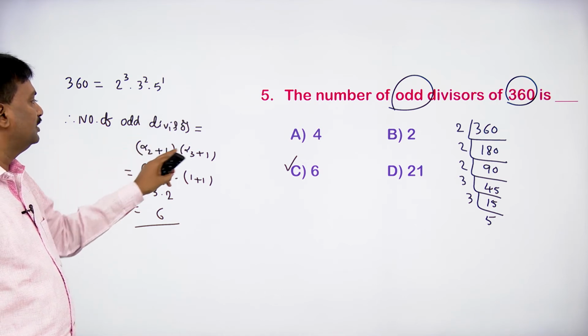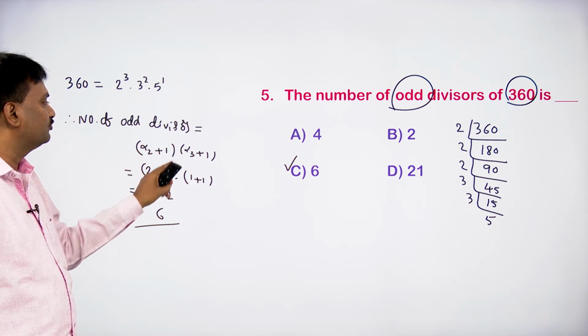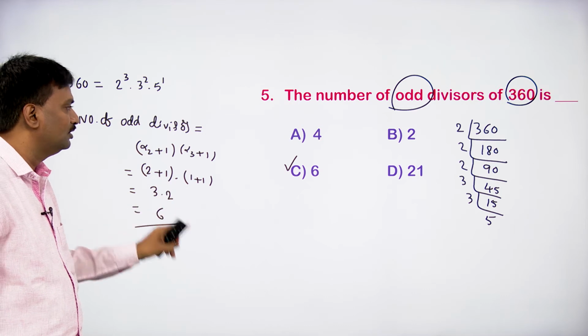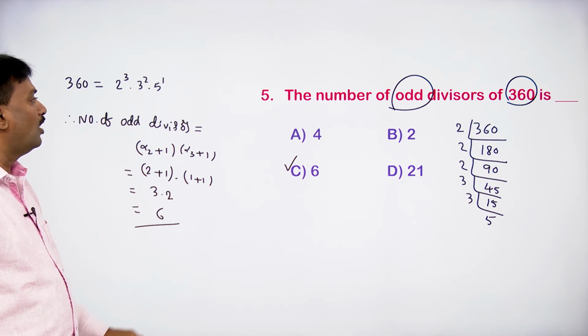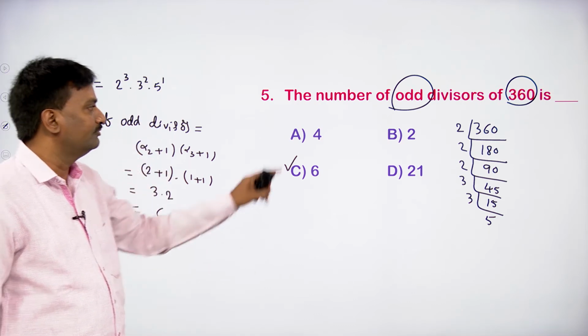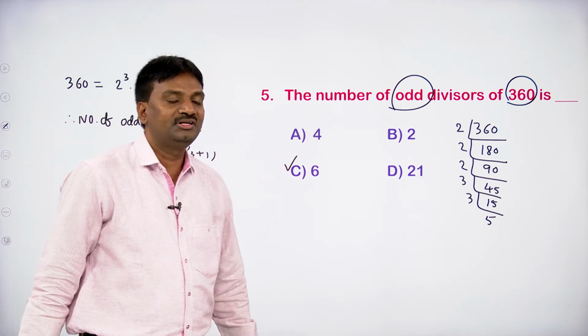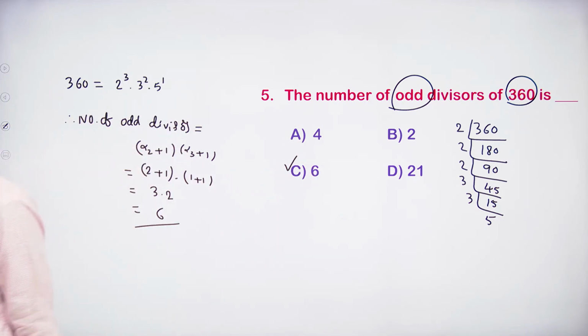So the number of odd divisors is alpha 2 plus 1 into alpha 3 plus 1, 2 plus 1 is 3, 1 plus 1 is 2, 3 2s are 6. So 6 is the total number of odd divisors of 360. We take option C as the correct option for the given problem. So take the screenshot.